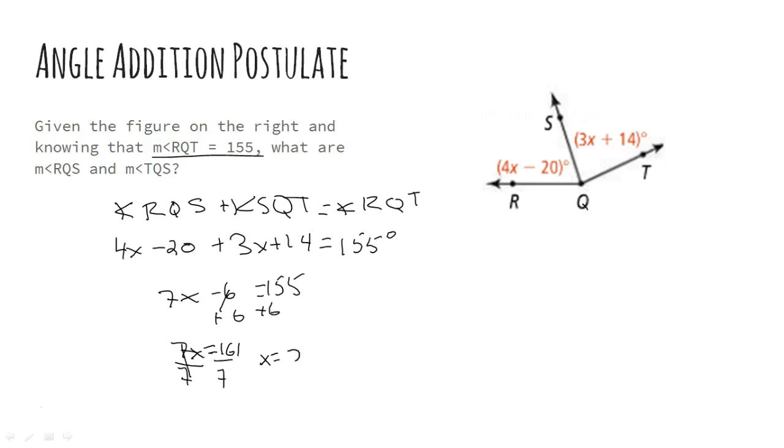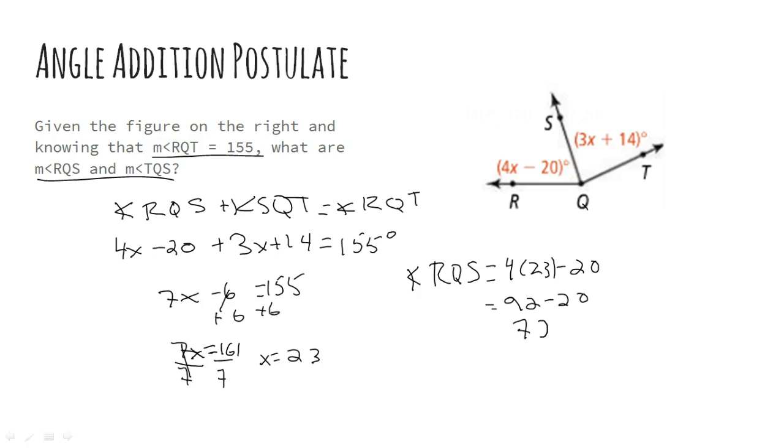gets x equals 23. And once again, remember, up here they asked for the measures of RQS and TQS, so we have to plug back in. So RQS is going to equal 4 times 23 minus 20, which is going to give me 92 minus 20, which is going to give me 72 degrees.